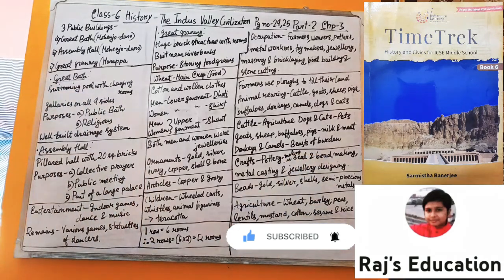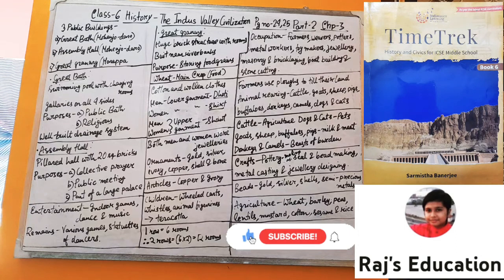So pottery making, seal and bead making, metal casting and jewelry designing were the important main crafts practiced by the Indus Valley people.